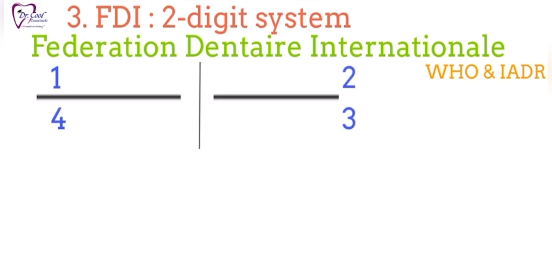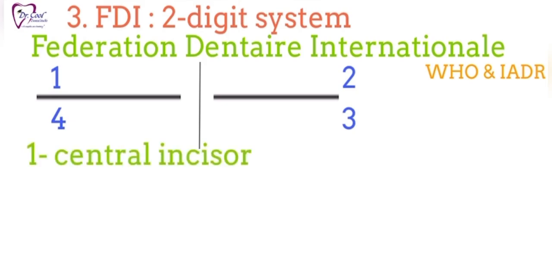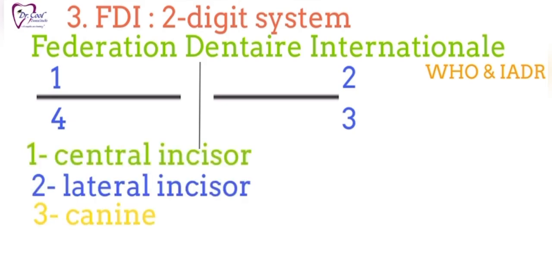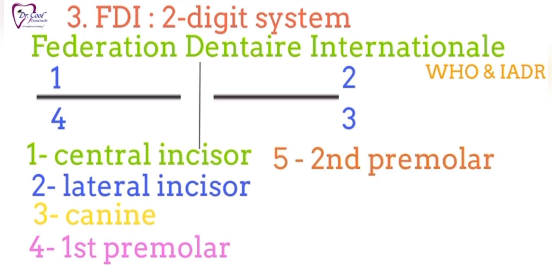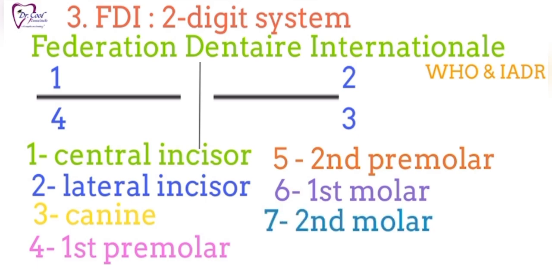Each tooth is also given specific number, that is first is the central incisor, 2 for lateral incisor, 3 for the canine, 4 for the first premolar, 5 number given for the second premolar, 6 is for the first molar, 7 is for the second molar and 8 is for the third molar, that is the wisdom tooth.